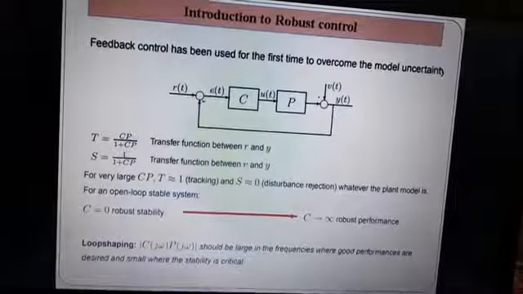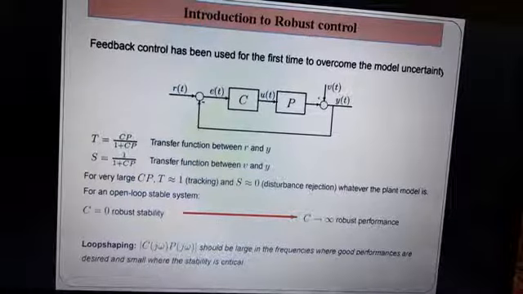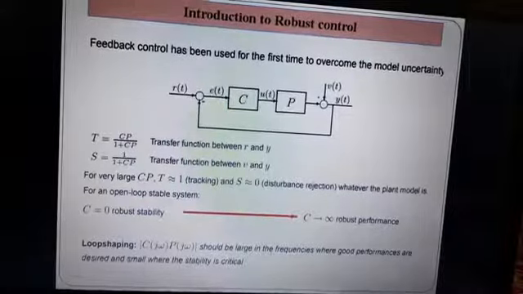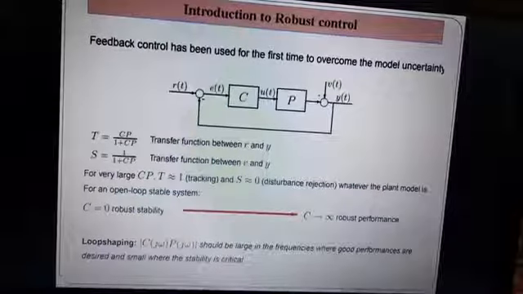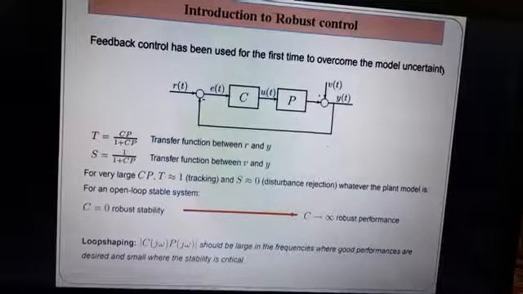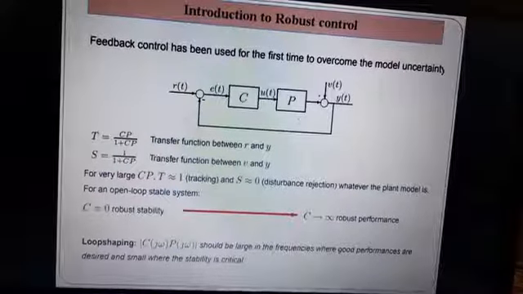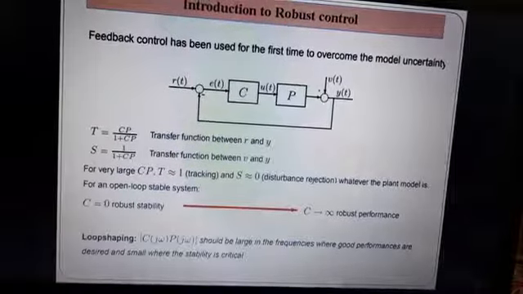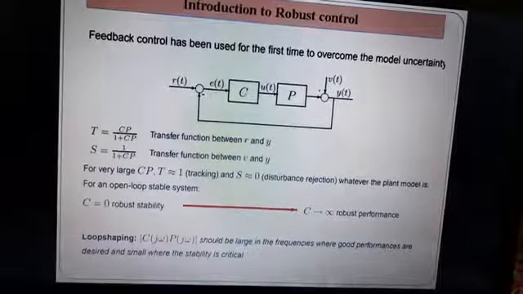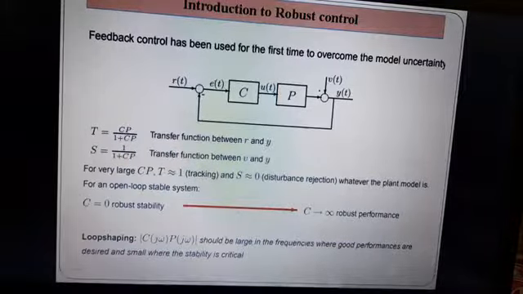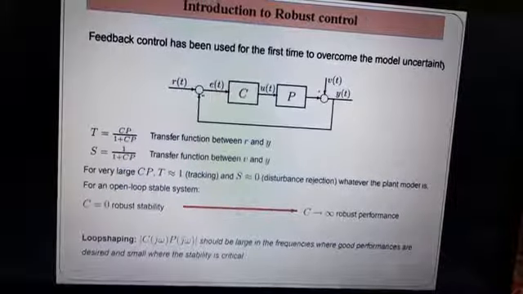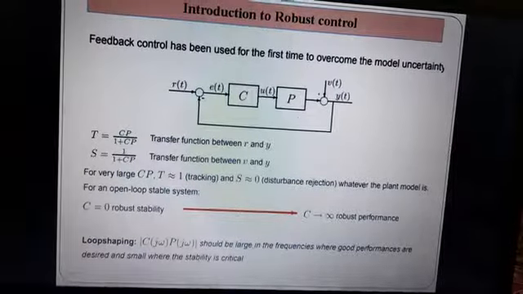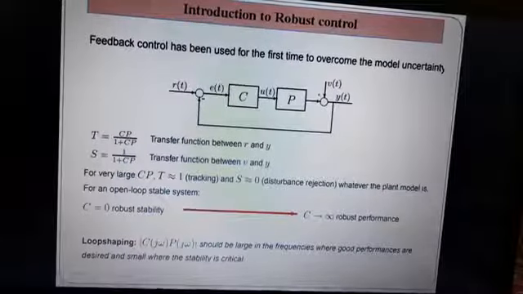So let's calculate the transfer function in terms of r(t), which is the reference input, and at that time you have to make v(t) equal to 0. With that, our transfer function will be T equals C into P divided by 1 plus CP. So that is the transfer function between R and Y. In a similar way, we can obtain the transfer function denoted by S, which is the transfer function with respect to V, where we have made r(t) equal to 0.